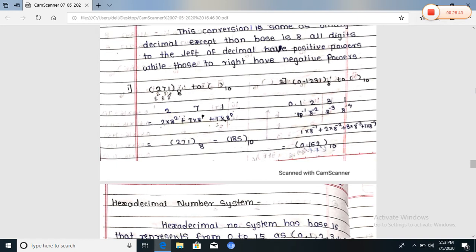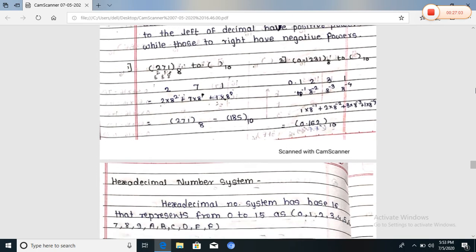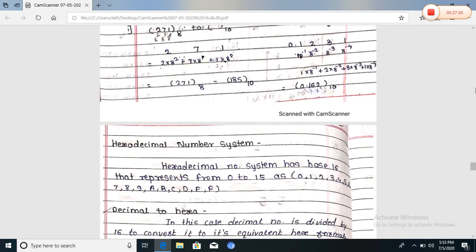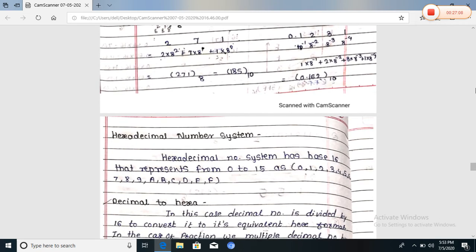So it is 1 into 8 raised to minus 1, plus 2 into 8 raised to minus 2, plus 3 into 8 raised to minus 3, plus 1 into 8 raised to minus 4, and we calculate the answer, 0.66162. That is octal to decimal conversion.